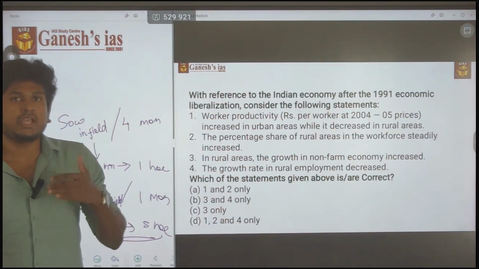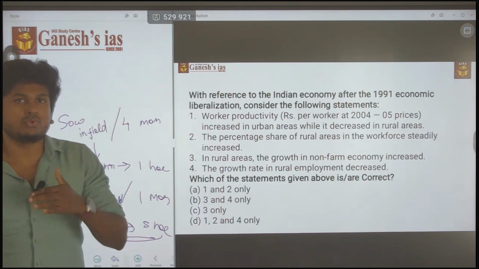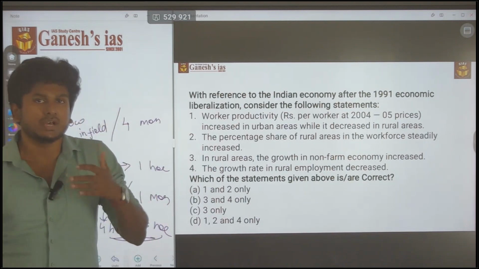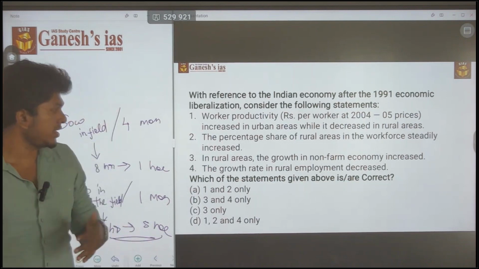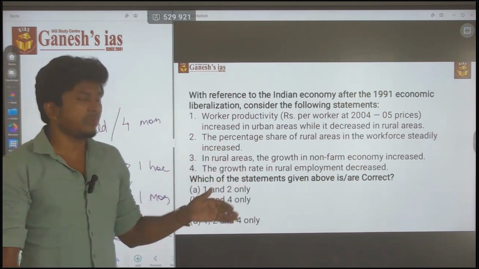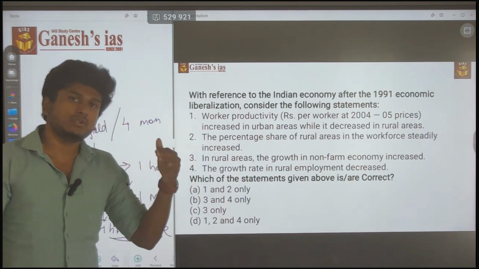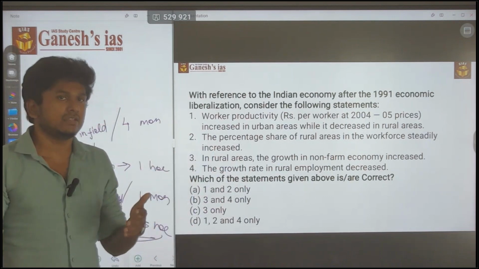For the employment opportunities, people from the rural area migrated towards the urban area. That is the way things actually happened. So the growth rate in rural employment actually decreased, because people moved away from the rural area.